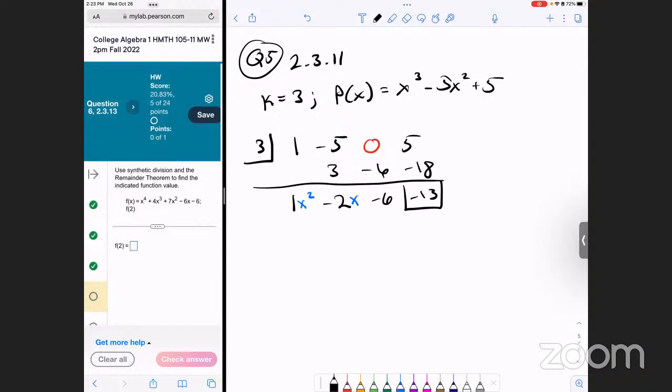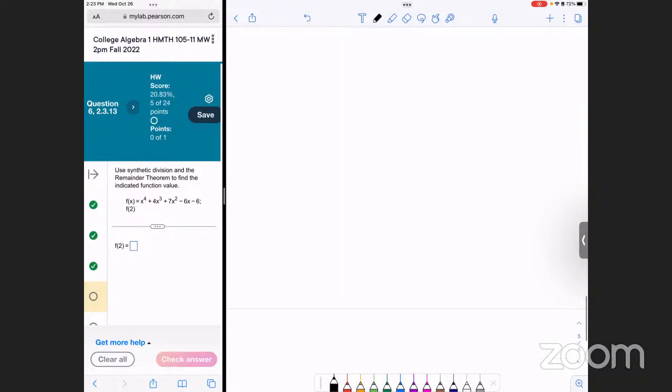Okay. Use synthetic division and the remainder theorem to find an indicated function value. Basically, evaluating this when x is 2. So what I'll do for this one, okay, this is question 6. This comes from section 2.3, question 13. I'm just going to abbreviate it as the remainder theorem. Okay.